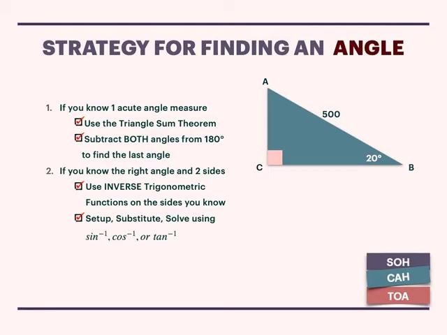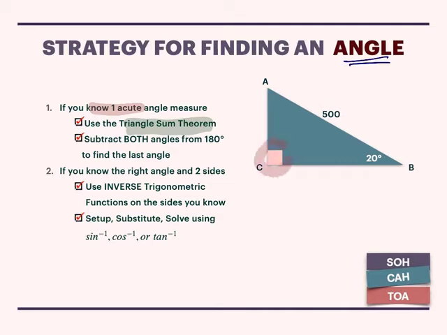All right, our next strategy is finding angles. Again, we can break this down into two types. The first type is we just know one of the acute angles, and we're supposed to find the other angle. Then we can just use the angle sum theorem. Remember, the angle sum theorem says that the three angles in a triangle add up to 180 degrees.